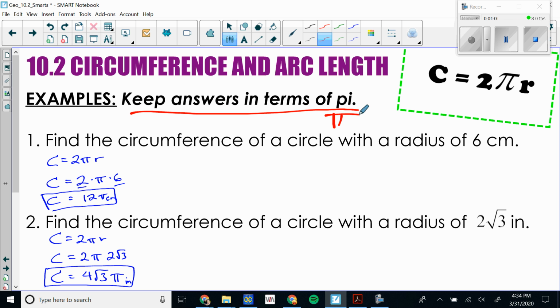So for example, number 1, I took my general equation, c equals 2 pi r, that's from the last slide, and instead of r, I replaced it with the 6, okay? That gives me 2 times 6, which is 12 pi, and again, you leave pi in your answer, because pi really is just a number, so 12 pi is saying like 12 times pi.